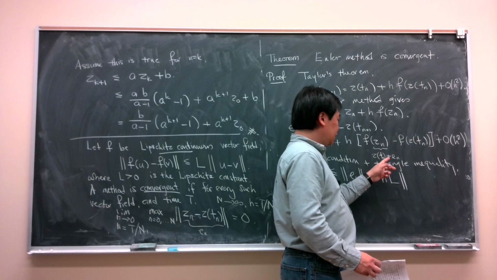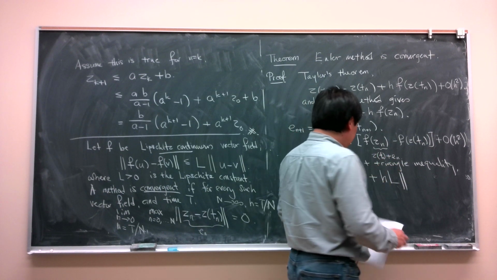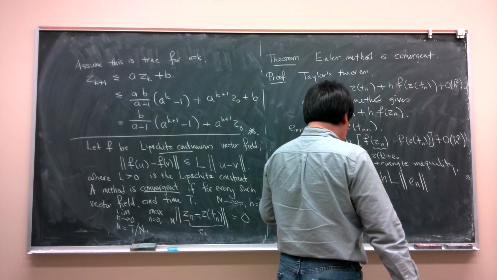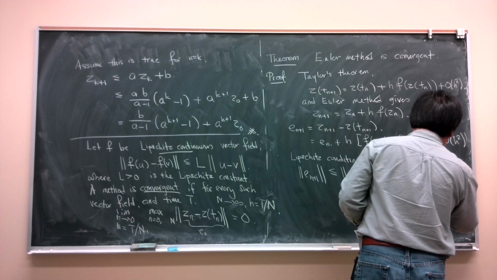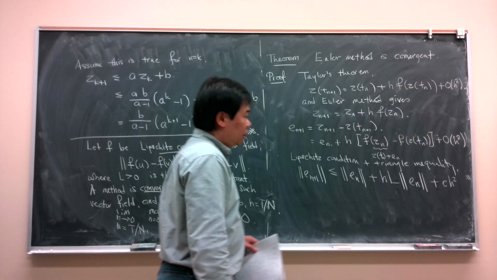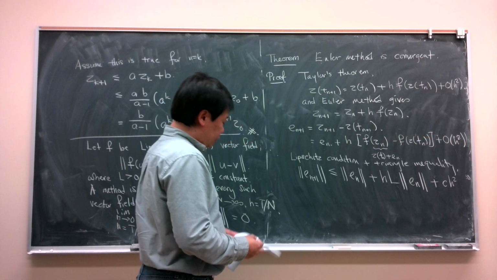But we already said that the difference of the 2 points is just measured by E_n, so there's an E_n term here, plus some constant C h squared, which is modeling this big O of h squared error term.